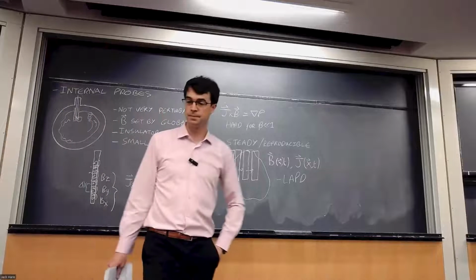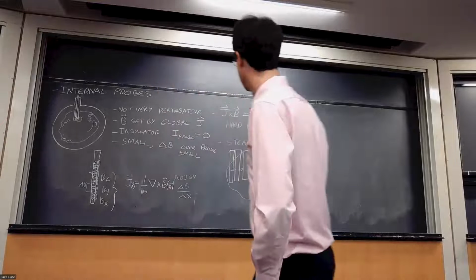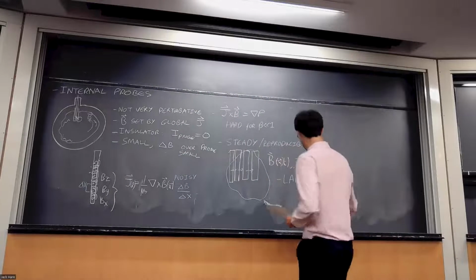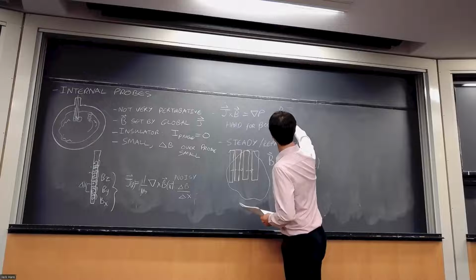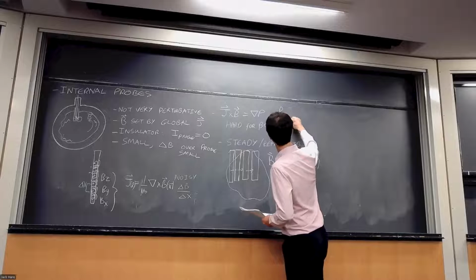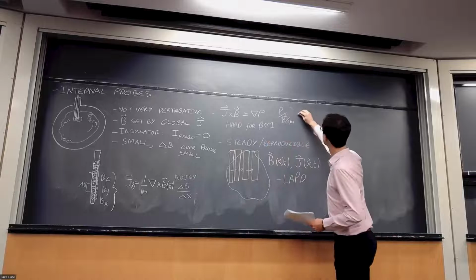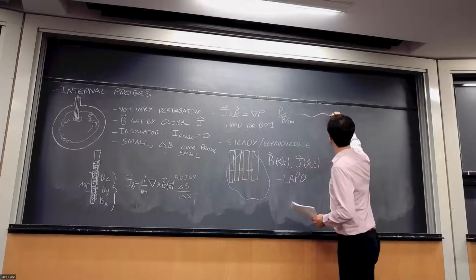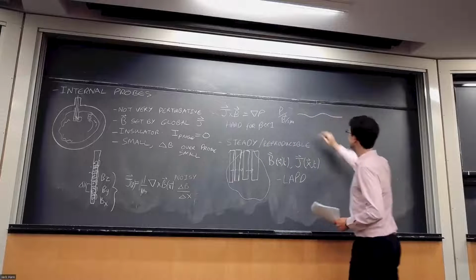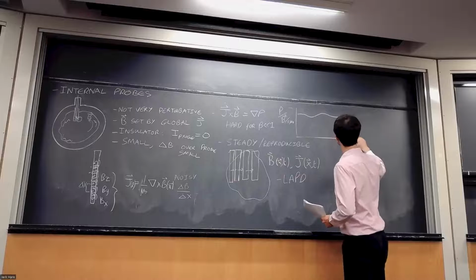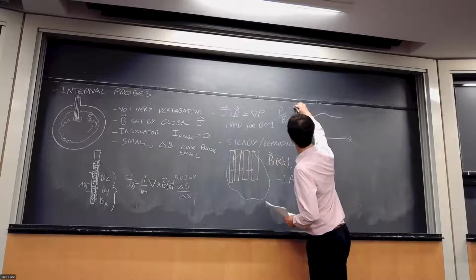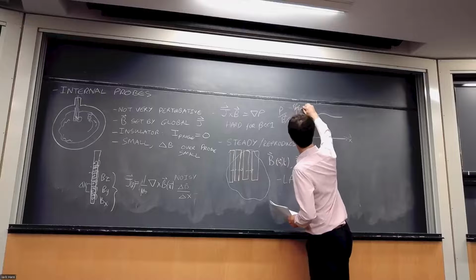Yeah. You asked me to repeat why it's hard for beta less plasma. It's because in that case you have P much less than B squared over 2 mu naught, which means that this J cross B term is just going to look like this, right? And so this is X, and this is B squared over 2 mu naught.